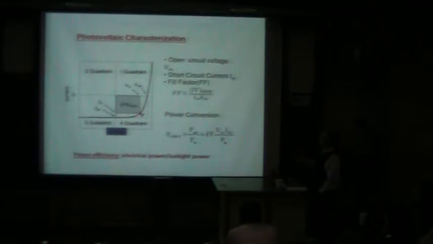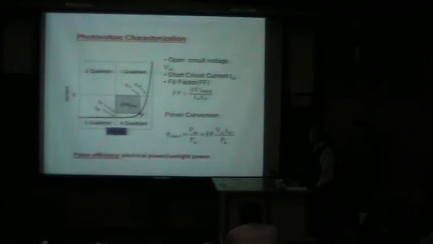There are several definitions, and using this definition, you can calculate how much of the sunlight you can transform. This is a very useful equation, because P in of the sunlight is 100 milliwatt per centimeter square, so it's 100 here. So if you multiply all the numbers, you get the percentage directly.